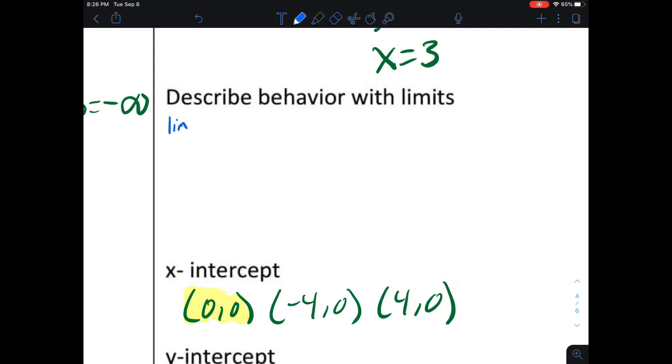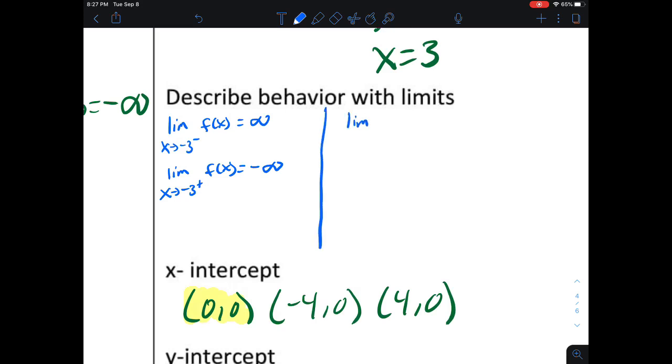So the limit as x approaches -3 from the left, our function was increasing without bound, so we'll say equals infinity. And as we approached -3 from the right, our function was decreasing without bound, so we'll say equals -infinity with that limit. So that's the behavior around -3.